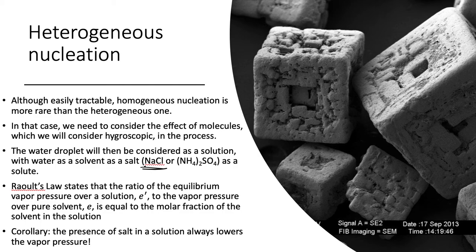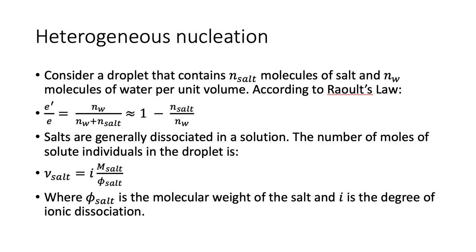In this case, we would use a chemical law known as Raoult's law, that tells us that the ratio of the equilibrium vapor pressure over a solution, we'll call this E prime, to the vapor pressure over a pure solvent is equal to the molar fraction of the solvent in the solution. The molar fraction is just the number of moles of the solvent over the moles of the solution. Let's see quantitatively what this looks like.